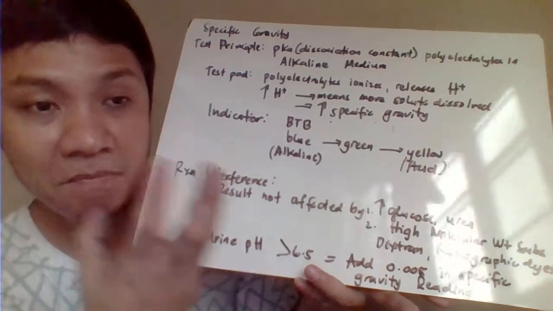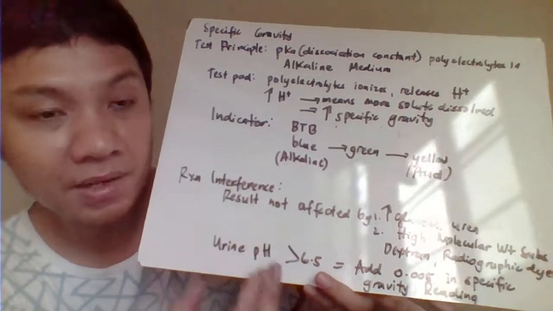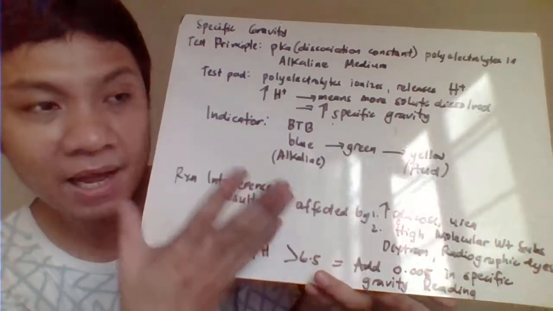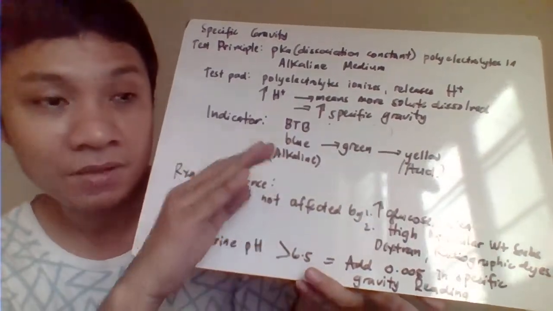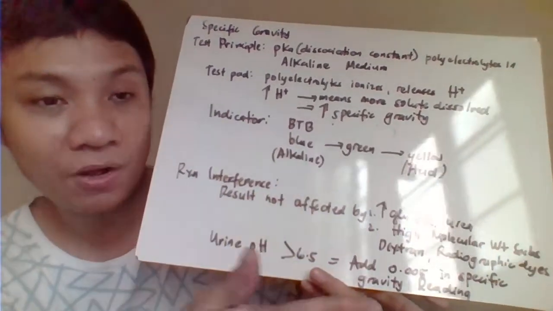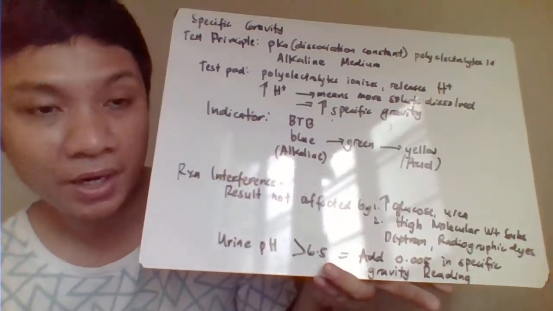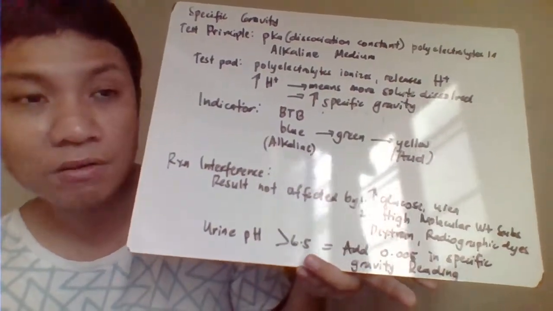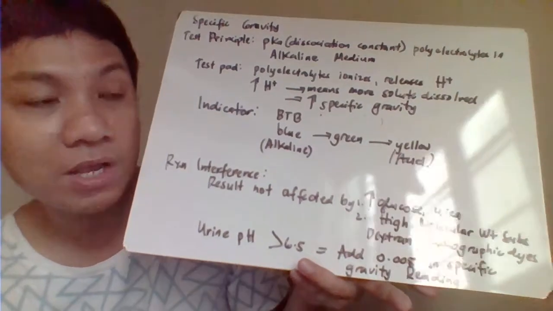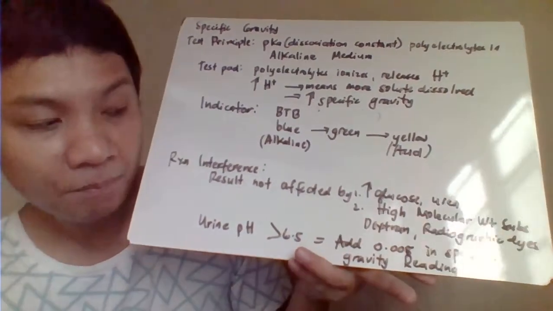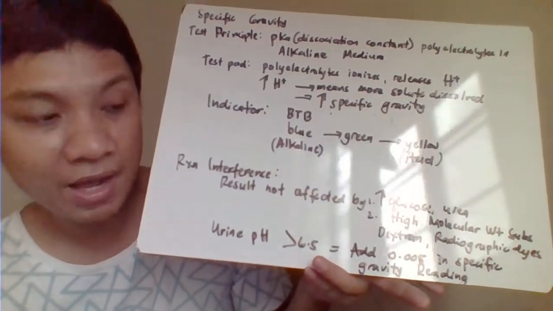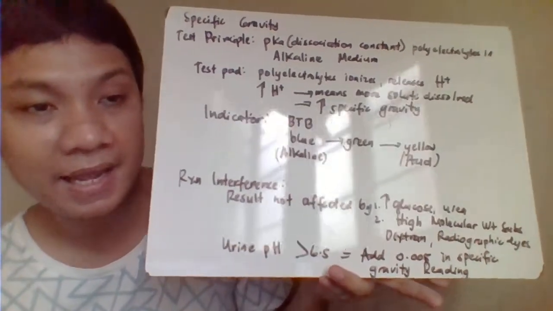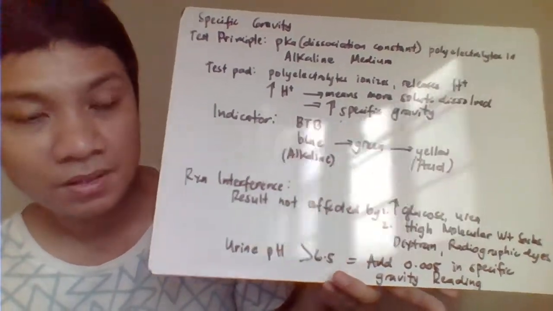Pero, even if you have very much of the dissolved na solute na present sa urine natin, pag ang pH mo ng urine natin ay alkaline, hindi siya masyadong nag-change ng color ang ating indicator. So, that would result here in the false negative na reading. That's why you need to add 0.005 for the specific gravity because again of the interference caused here by high alkaline pH.